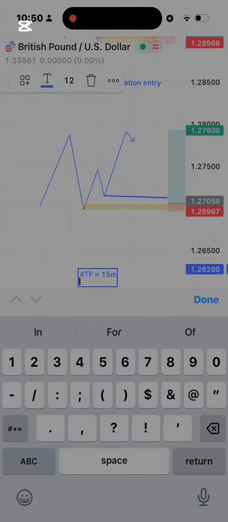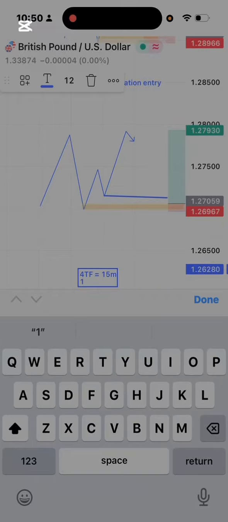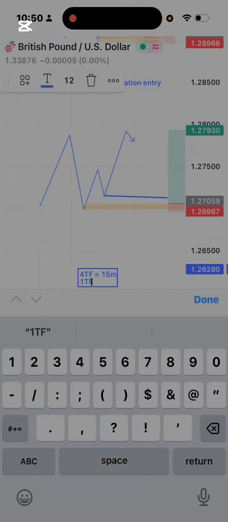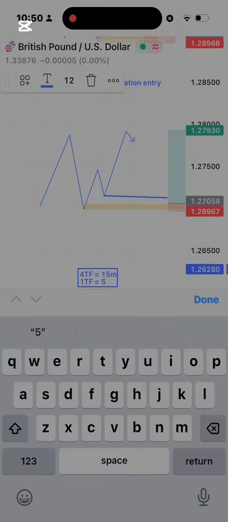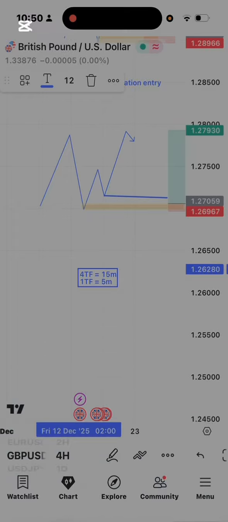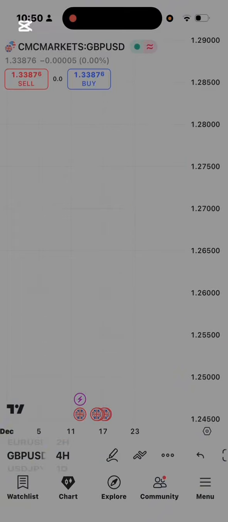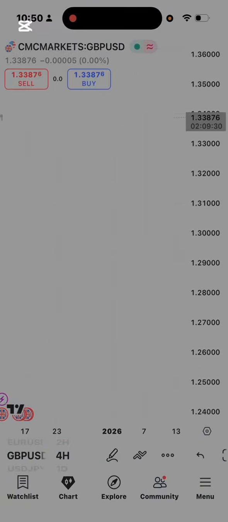And if I've got that setup on the 1H time frame, that literally means your fractal confirmation, you're going to get it on the M5 time frame, right? That's the whole concept, guys.